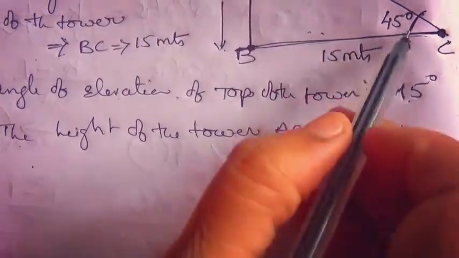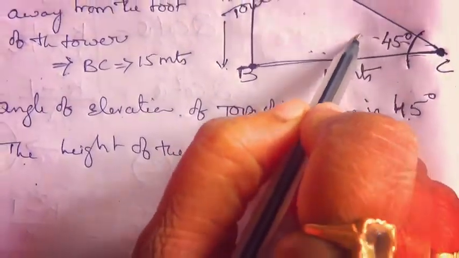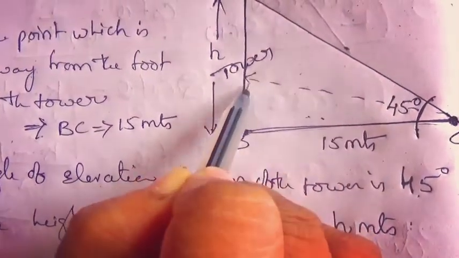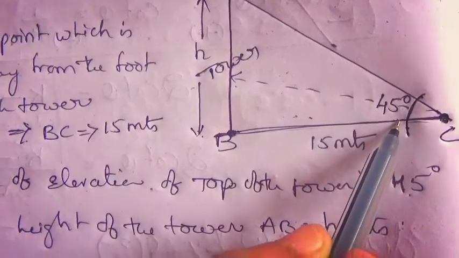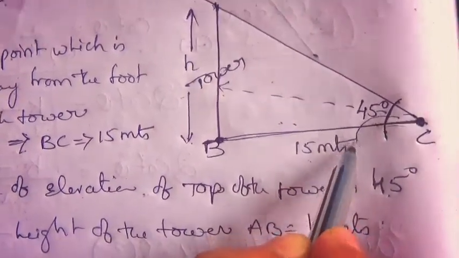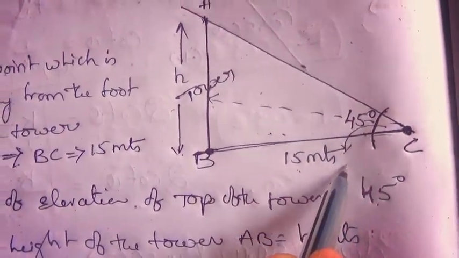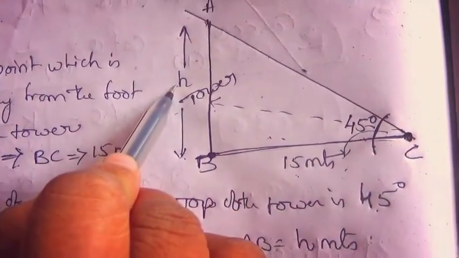For that, look here, what is the opposite side? The opposite side of this angle is H, which we have to find out. With the angle 45 degrees, here it is the adjacent side, and here it is the opposite side.